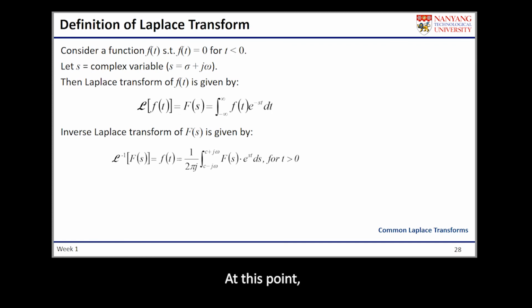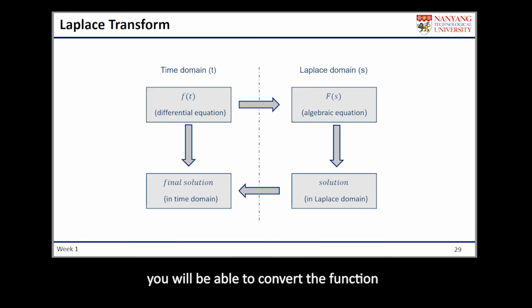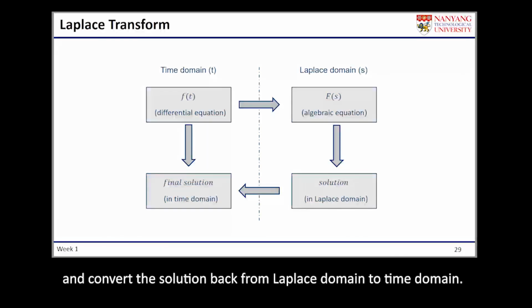At this point, you will get the time domain counterpart of the Laplace domain function. So by using these two formulas, you will be able to convert the function from time domain to Laplace domain and convert the solution back from Laplace domain to time domain.